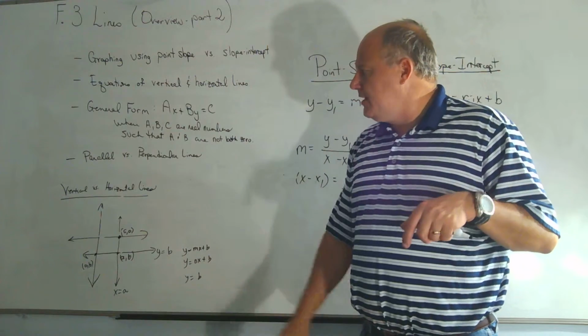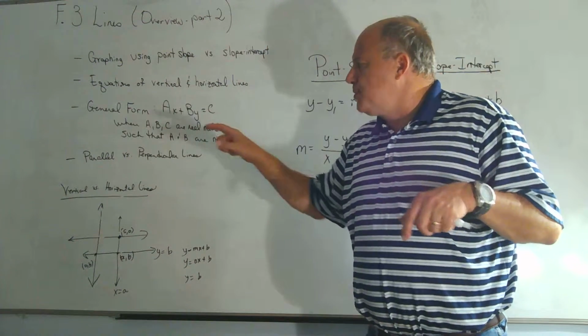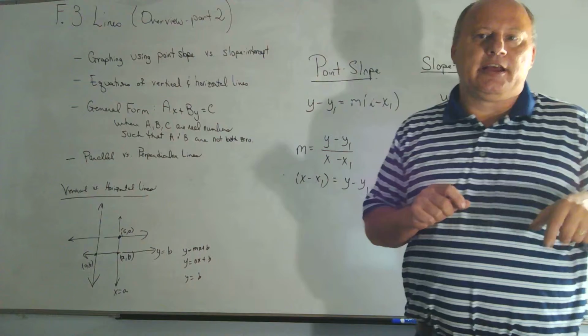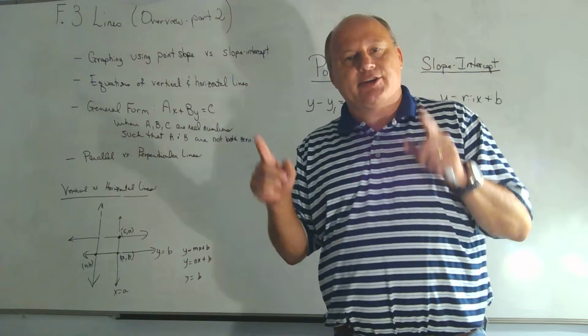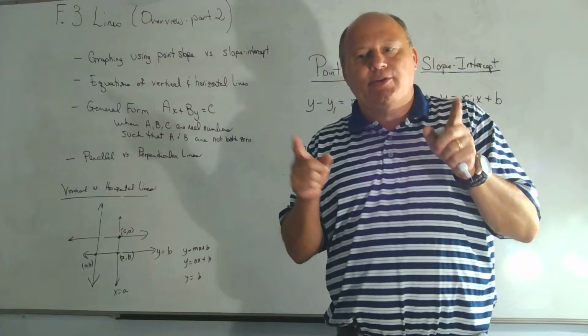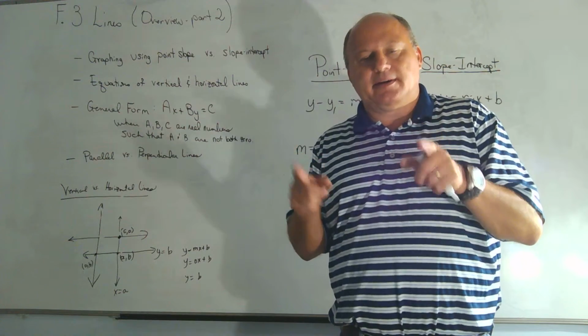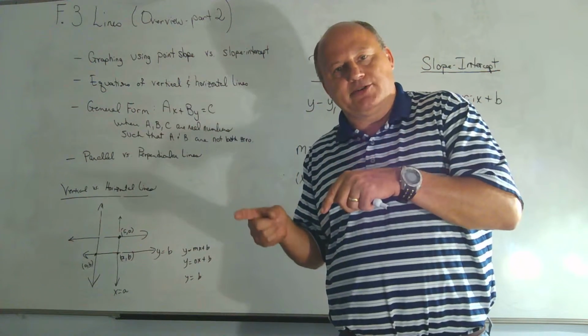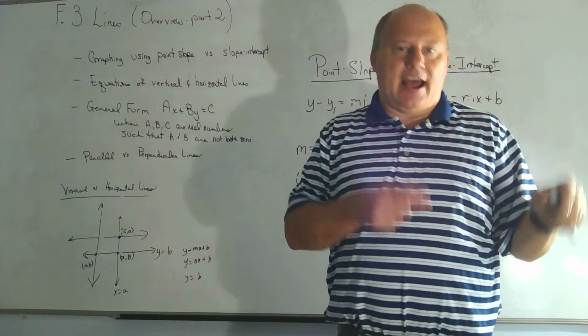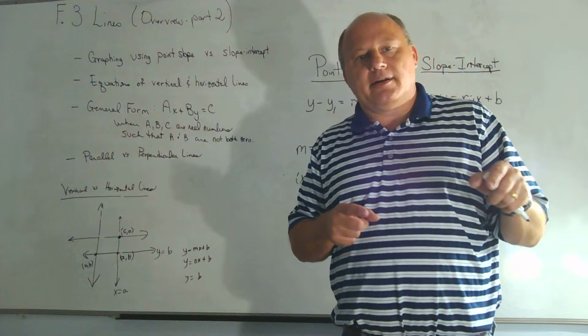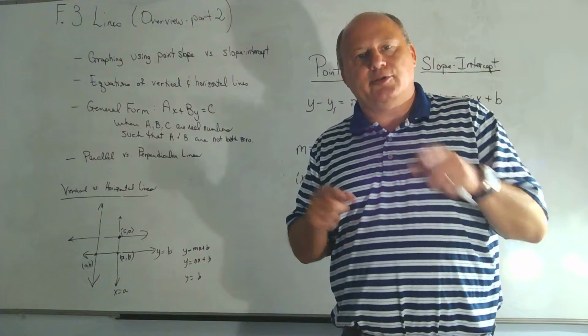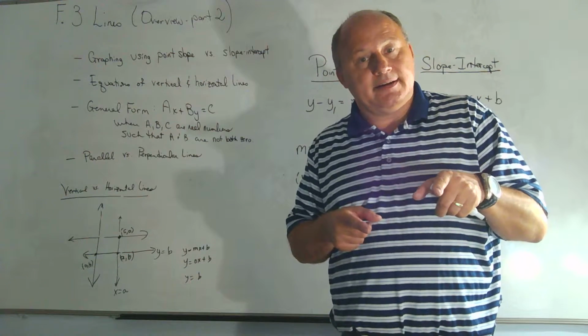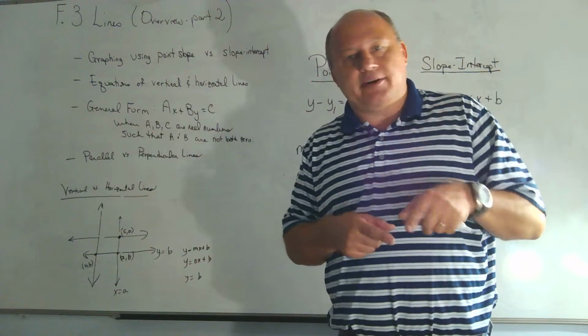All right. And then parallel versus perpendicular lines. This is when two lines are parallel. Now, there are two definitions of it: parallel lines in geometry and parallel lines in algebra. Parallel lines in geometry are two lines on the same plane that never intersect.